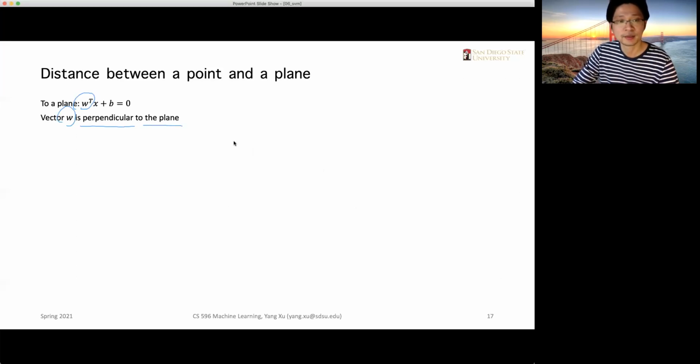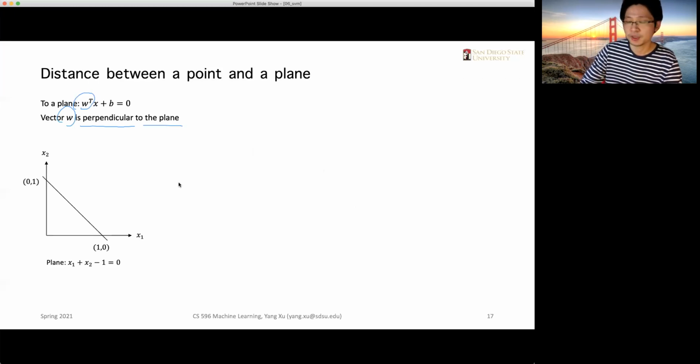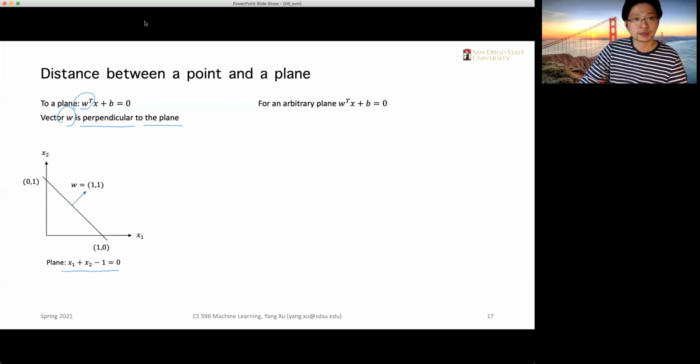How do we know that? Like in this case, in a 2D space, the plane is like x1 plus x2 minus 1, and we know that W1 is 1 and W2 is 1. So if we plot the vector (1, 1), it will be pointing to the upper right direction, right? So this direction is perpendicular to the plane. That's something we can observe.